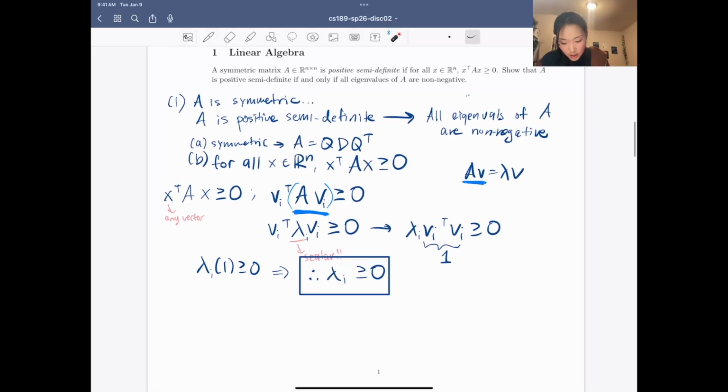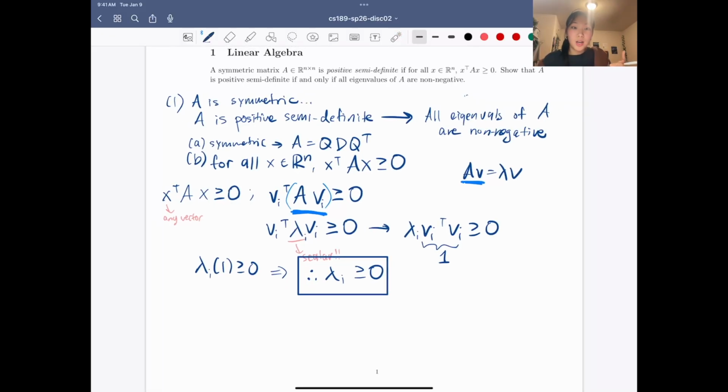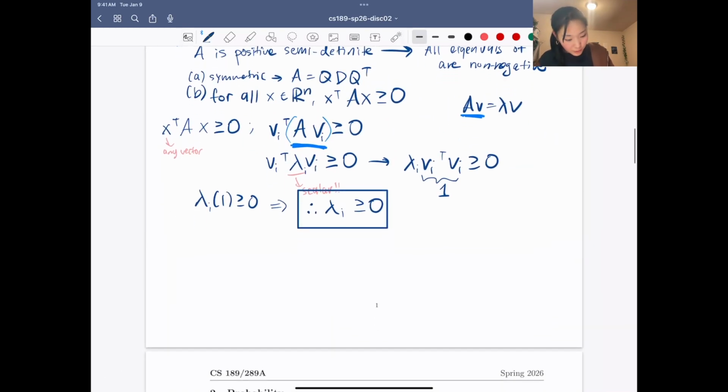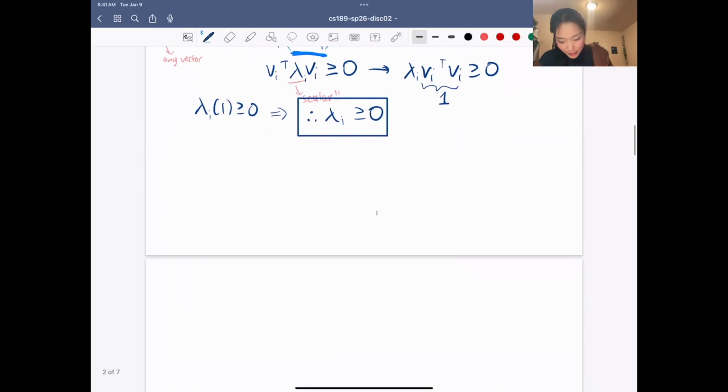Perfect. And so now we have to prove the opposite. And the opposite is slightly more complicated, but with the tools that we got from our notes, it shouldn't be too bad. Okay, let me just add one more page.